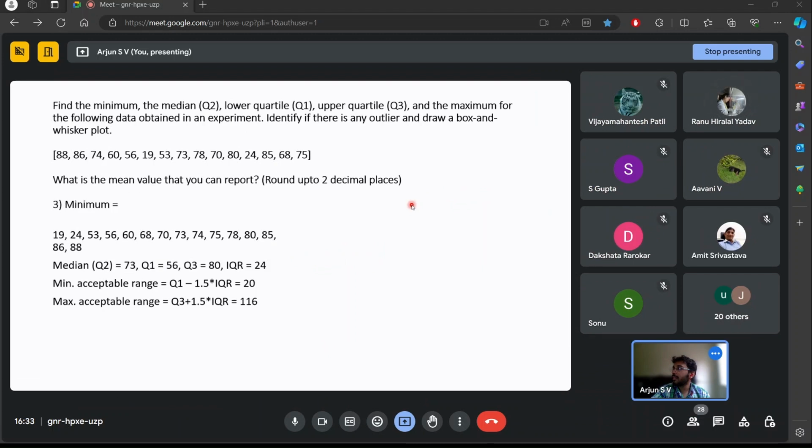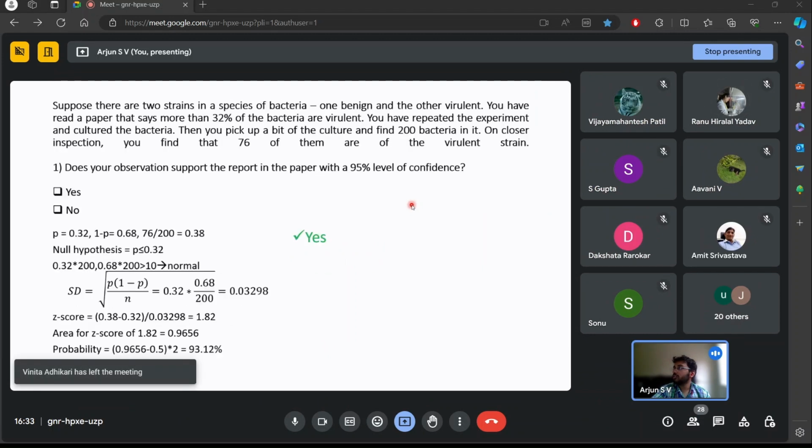Yes. Okay, so questions 1 and 2 are pretty simple. The given data is that you have read a paper saying some 32% of the bacteria are virulent and others are benign, and then you do the same experiment yourself and find that 76 of 200 bacteria are virulent.